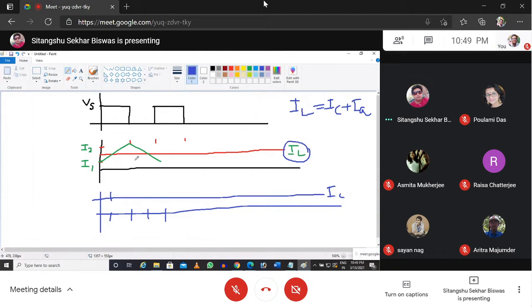And when the current through the capacitor is coming down, basically the capacitor will get discharged. So this charging and discharging is happening. Okay. So basically through this region, till this region, the capacitor will charge.